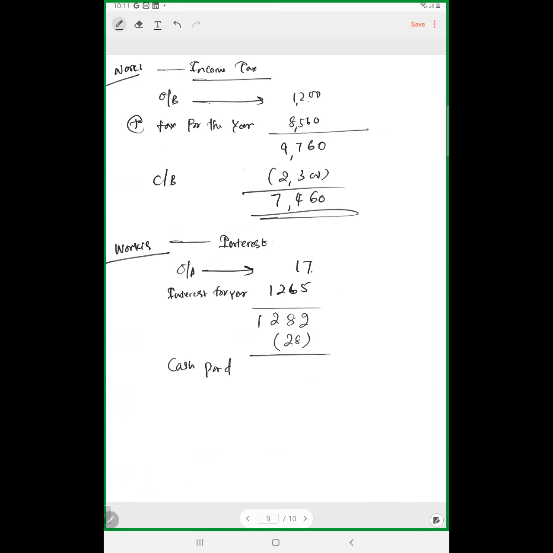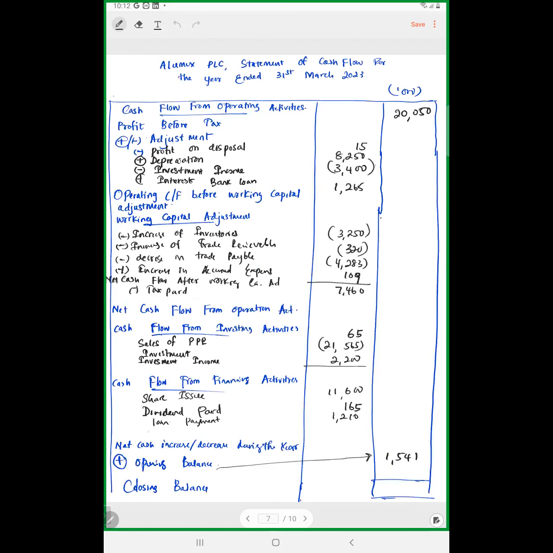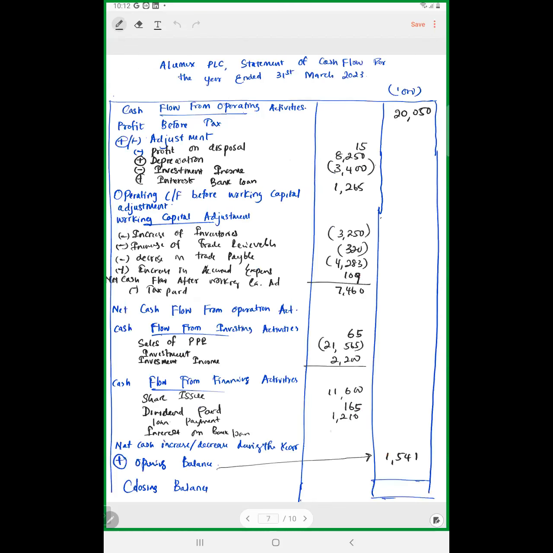Cash paid 1254. So we need to deduct interest on bank loan. We need to deduct this one, this one also deducted, right?